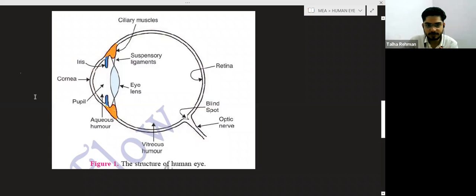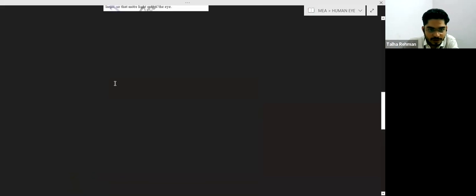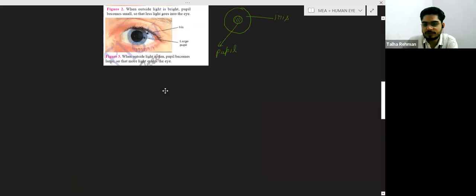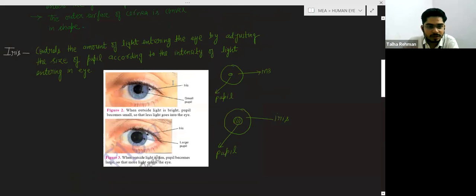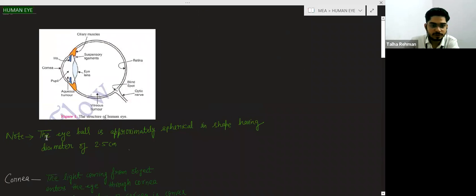Now after this diagram, I'm just removing it. After this diagram, there is no need to draw it again, and after that write down the eyeball. What is the meaning of eyeball? There is one ball inside, that is the eye basically. You can consider that eyeball as spherical in shape.